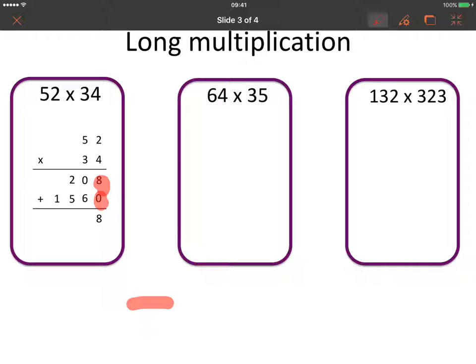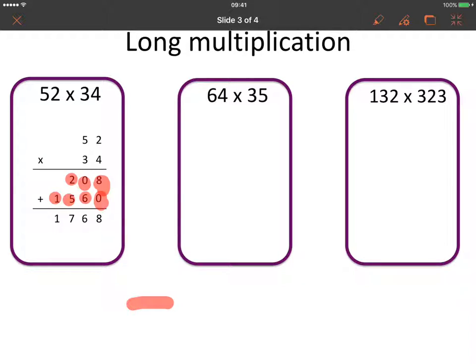And if I take the 0 and I add 6 to it, I should get 6. Similarly, if I take the 2 and I add the 5, I should get 7. And lastly, I've only got that little 1 there, and therefore I write down 1.